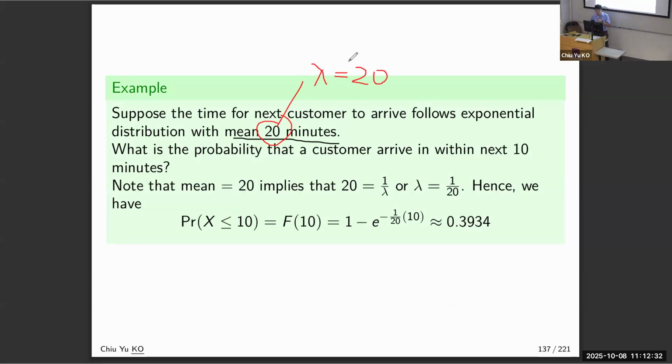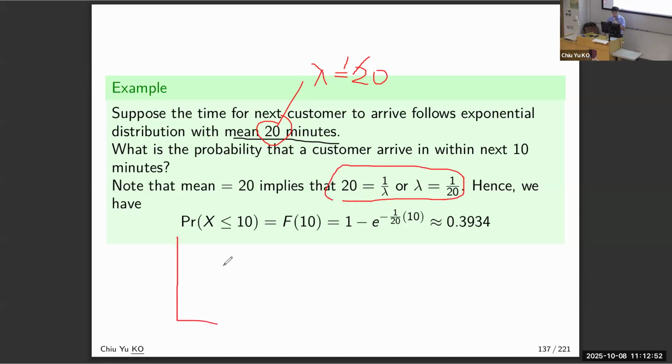Our lambda is the arrival rate, right? So the mean of 20 minutes means one customer will come every 20 minutes, and our mean is 1 over lambda. So that's why we have this equation. And if you remember, 20 minutes means something like this. Exponential, right? Exponential like this.